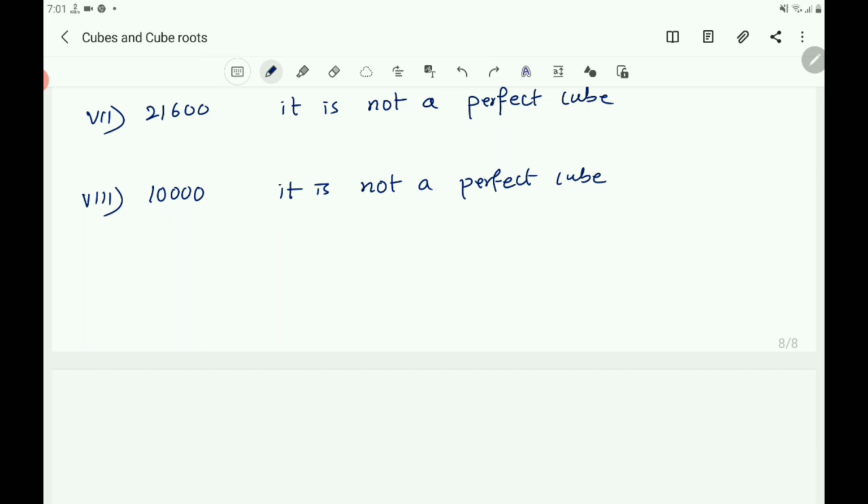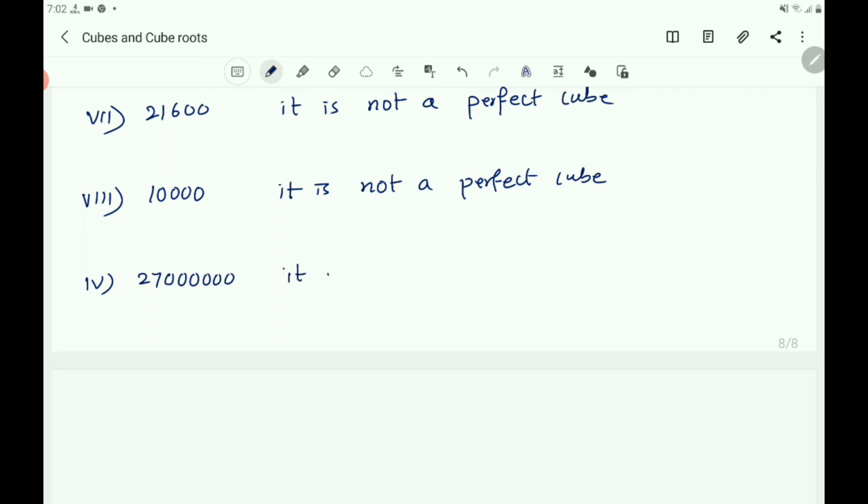Next you take the number 27 lakh. So you know that 27 is a cube of 3 and it is having 6 zeros. So it must be a perfect cube.